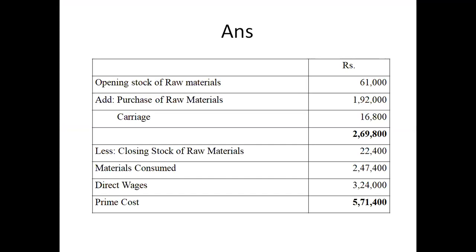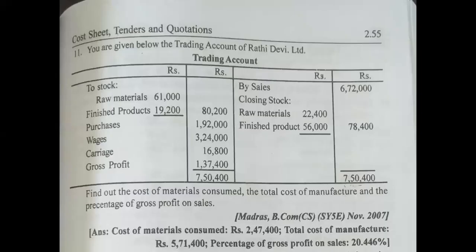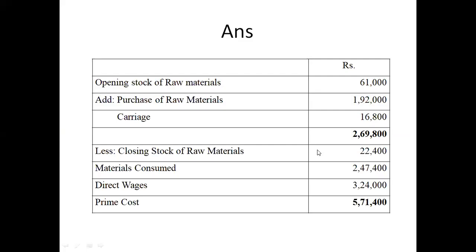If you put 61,000 plus 1,92,000 plus 16,800 into the calculator, you get 2,69,800. Then deduct the closing stock of raw materials, which is given on the credit side of the trading account, 22,400. Deducting this 22,400, the materials consumed is 2,47,400.